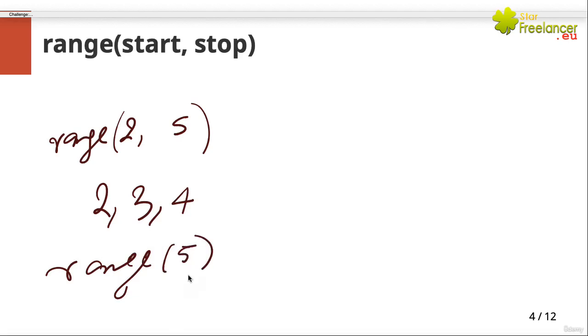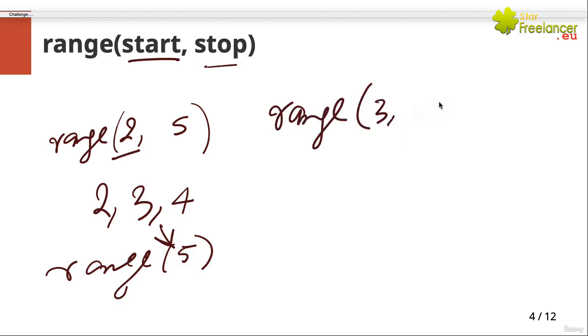By default, it starts at what? At 0. You start from 0 and end at what? 4. Don't put what? 5. Because we did not define the start. Here we are defining the starting point. That's the meaning of the start and stop. If I say, for instance, range 3 to 11, I mean start from 3, you reach here, don't get to 11.